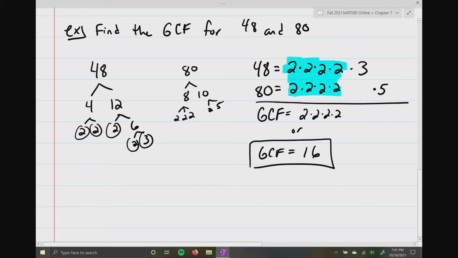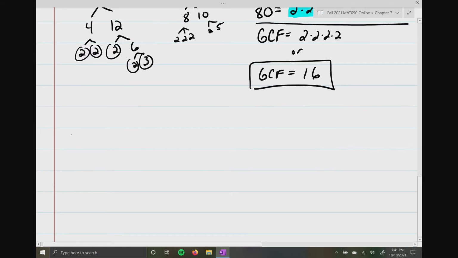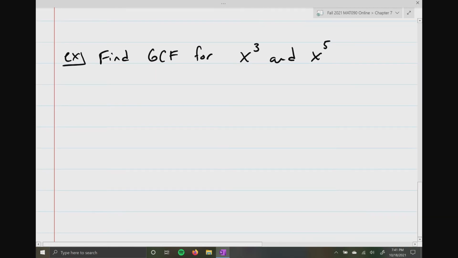Okay? Now, if you wanted to, you can apply the same technique to variables. So find the GCF for x to the third and x to the fifth. Okay? Now notice here, there's no prime factorization that we can do, and that's okay. Write it out.